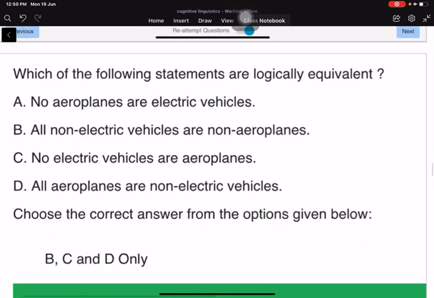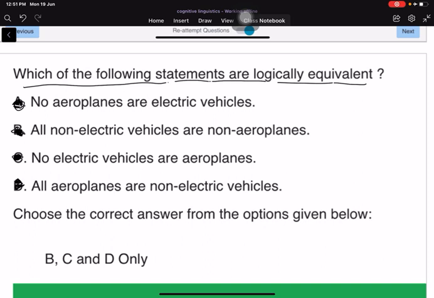And then you have, which of the following statements are logically equivalent? So, no airplanes are electric vehicles. All non-electric vehicles are non-airplanes. No electric vehicles are aeroplanes. And all airplanes are non-electric vehicles.